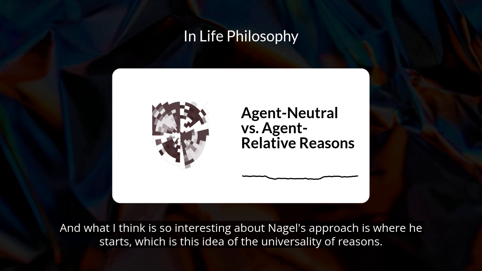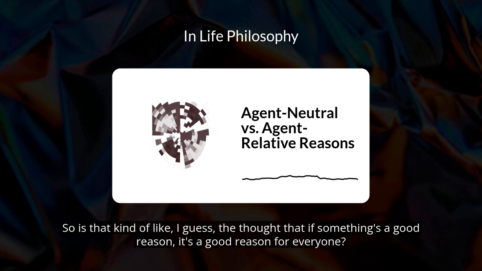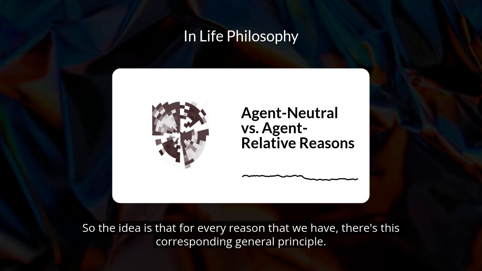What I think is so interesting about Nagel's approach is where he starts, which is the idea of the universality of reasons. So the thought is that if something's a good reason, it's a good reason for everyone? Exactly. For every reason that we have, there's a corresponding general principle.